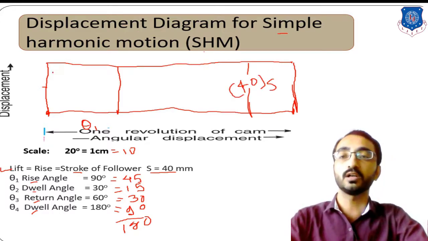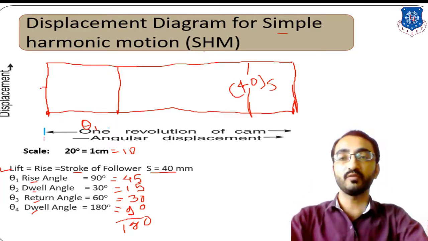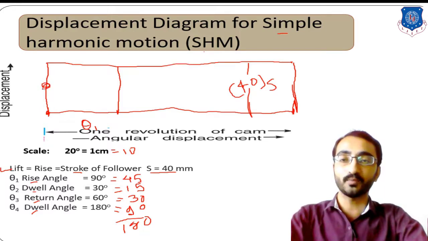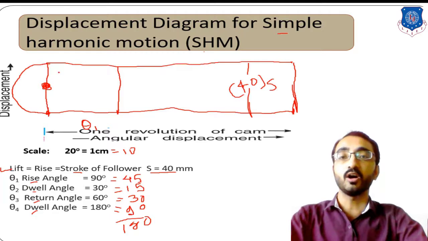You need to draw a semicircle with diameter equal to 40 mm, or radius equal to 20 mm. Put your center point at the middle of this stroke line, and draw the semicircle of 40 mm diameter, or 20 mm radius.